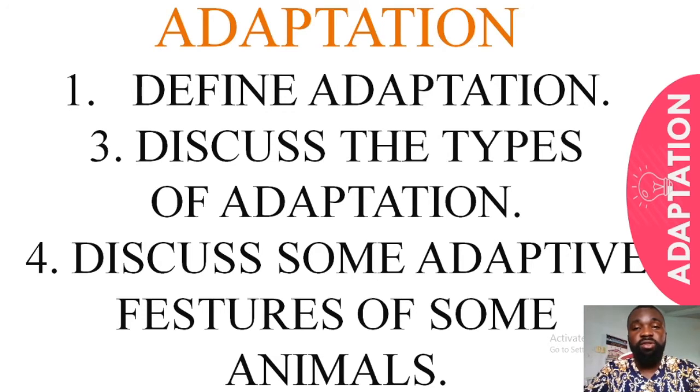And we said structural adaptation has to do with changes in the physical body of an animal or an organism that help it to live successfully in its habitat. Physiological adaptation, we say, means internal changes in the living organism that help it to live successfully in its habitat.